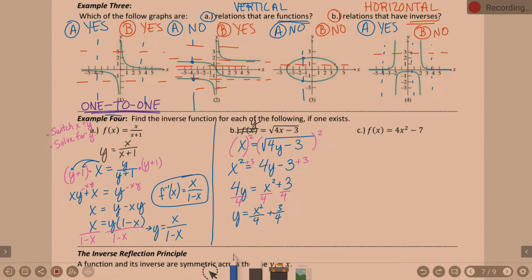Again, if you put it as x squared plus 3 all over 4, as one fraction, that is fine as well. Official function notation says f inverse of x equals x squared over 4 plus 3 over 4. Okay?